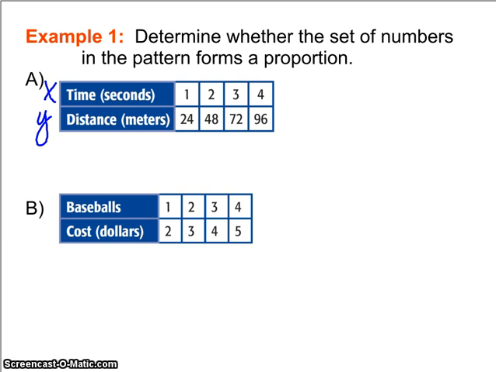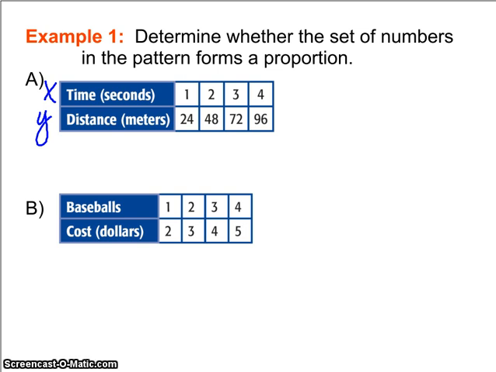Another thing that you may be able to think about is prior knowledge. Do you remember input and output tables, maybe from 6th grade, 5th grade? These are very similar. But instead of input, we're going to use x values, and instead of output, we're going to use y values. And you'll want to remember to find the k value, which we'll do in a little bit.